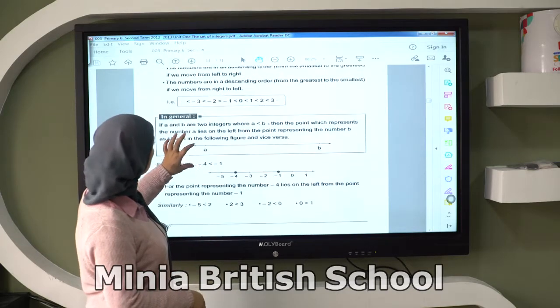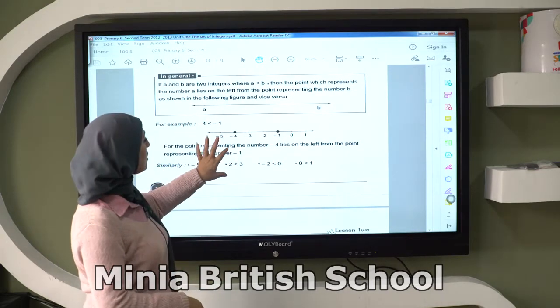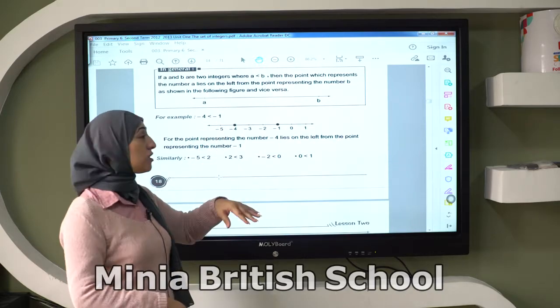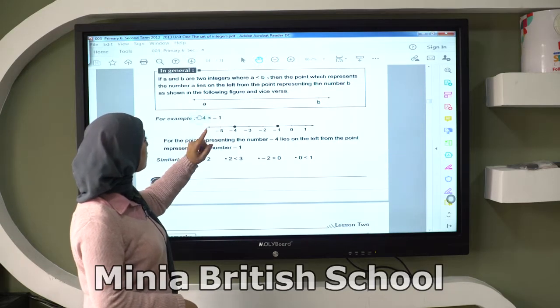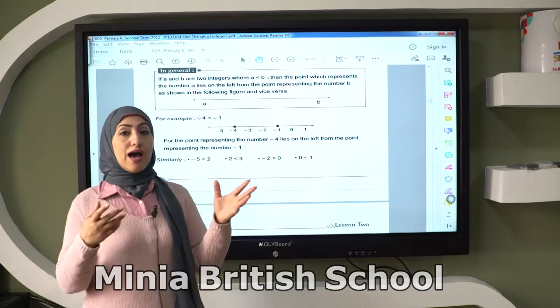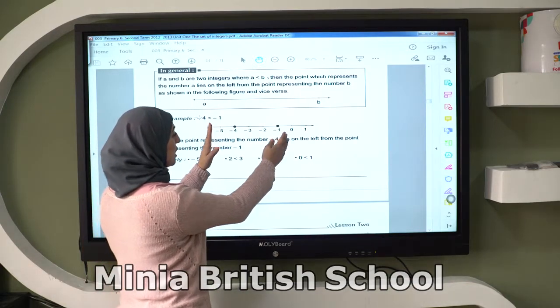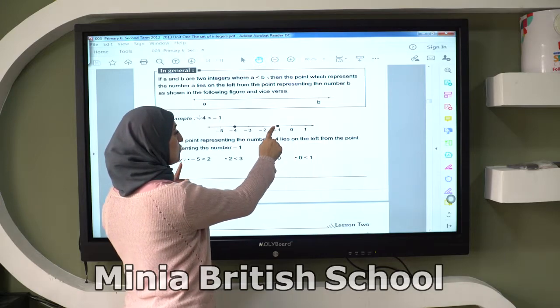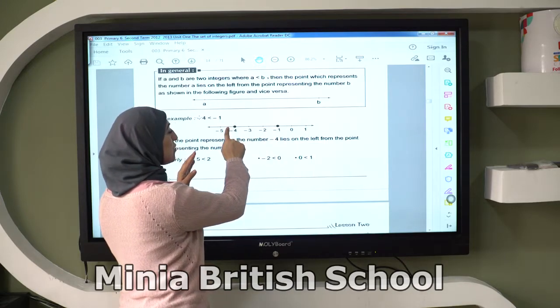Let's see here on the number line, negative 4 is smaller than negative 1. How? Let's see here, 0, negative 1, and negative 4.